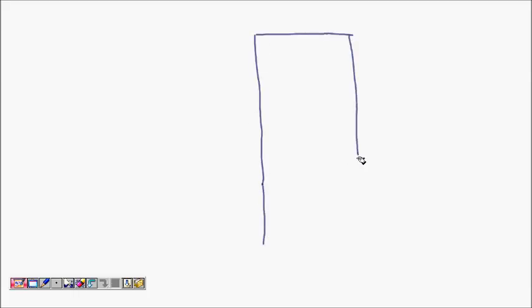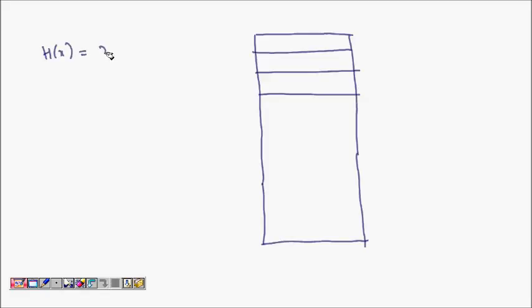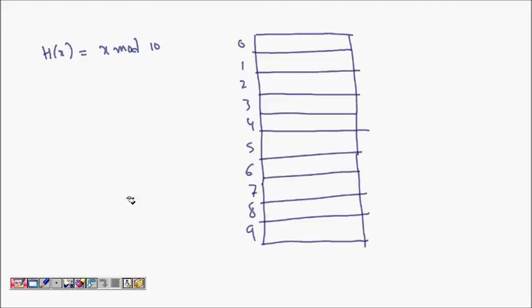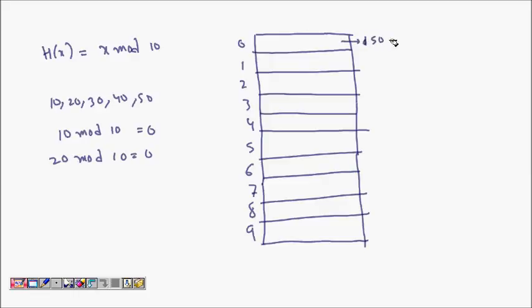Let's say the hash function h(x) is x mod 10, the same example again. We have cells 0, 1, 2, 3, 4, 5, 6, 7, 8, 9 in the hash table, and the inputs 10, 20, 30, 40, 50. 10 mod 10 is 0, 20 mod 10 is 0, and so on, so everything maps here and sits in a linked list like this: 50, 40, 30, 20 and 10. This is index 0 of the hash table.